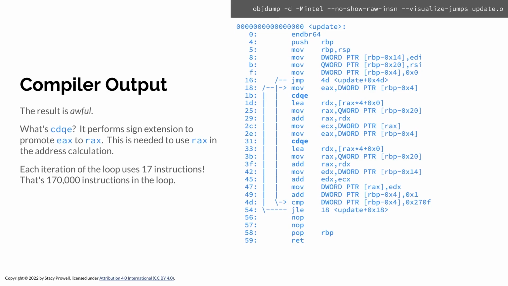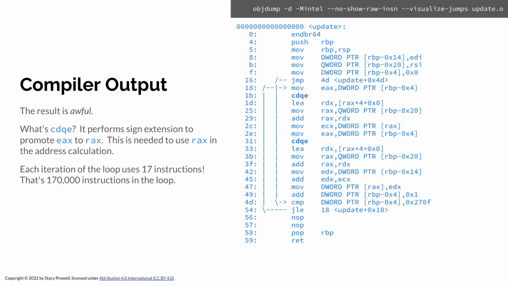Why is that needed? Why would you do that, right? EAX is a 32-bit value, and if it's negative, it will have the high bit, bit 31, set to a 1. The larger RAX may have all zeros at the top. This will sign extend it so that if there is a 1 in that bit 31 position, it gets smeared across the remaining 32 bits all the way up to bit 63.